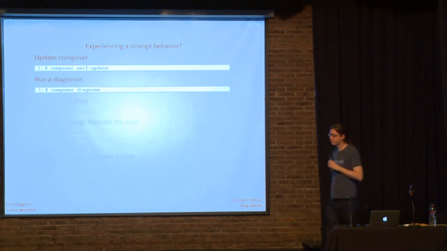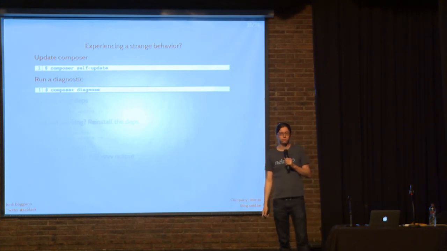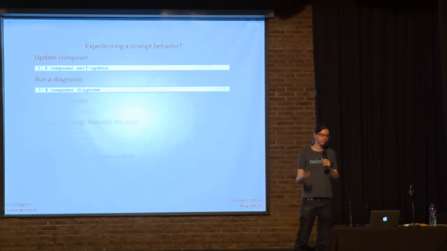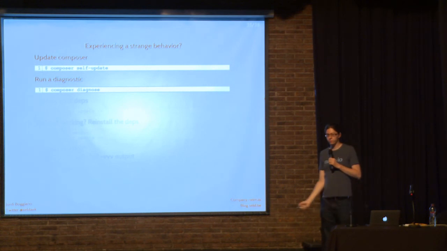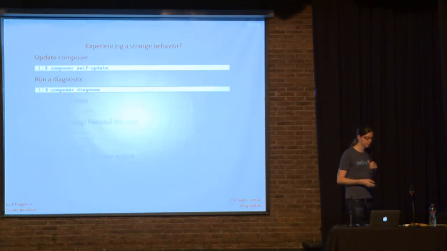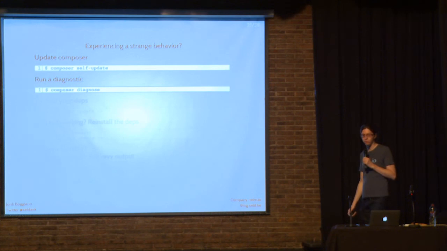There is this new command as of a few months ago, called diagnose, and that's also a good way if you're having really weird errors. It mostly does a bunch of network checks and configuration checks to make sure that your setup is working properly.